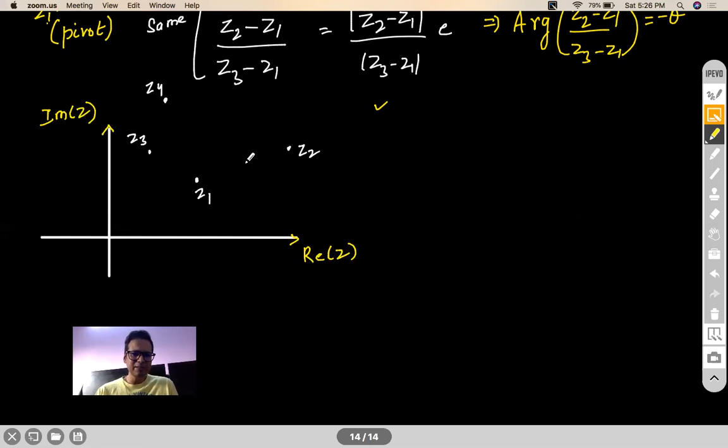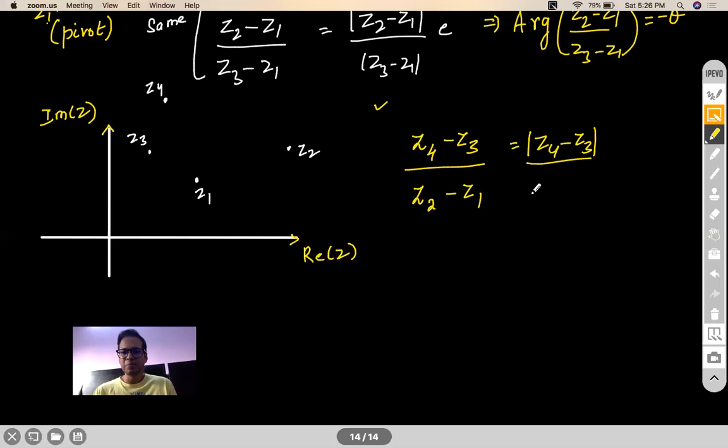The same concept, I can also write like this: (Z4 minus Z3) by (Z2 minus Z1) is mod Z4 minus Z3 by mod Z2 minus Z1 e to the power i theta, where theta is, if you extend this backward and this backward, this angle theta.